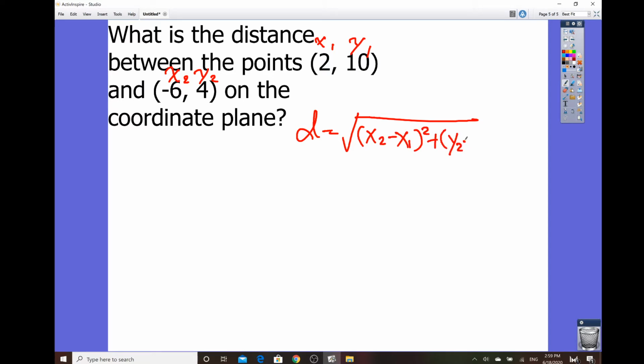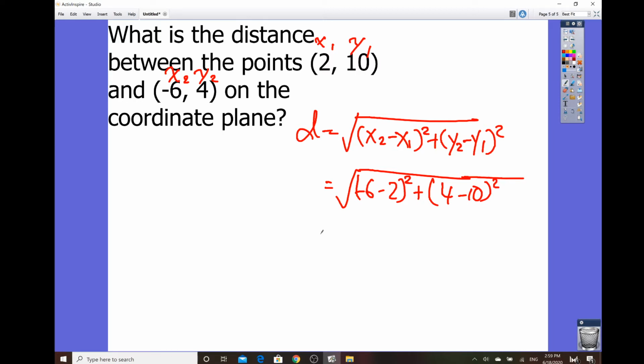So y2 minus y1 quantity squared. Now we just plug in the numbers: x2 minus x1, so negative 6 minus 2. This time we need to find the exact final solution for the distance. y2 minus y1, so we got 4 minus 10, quantity squared.